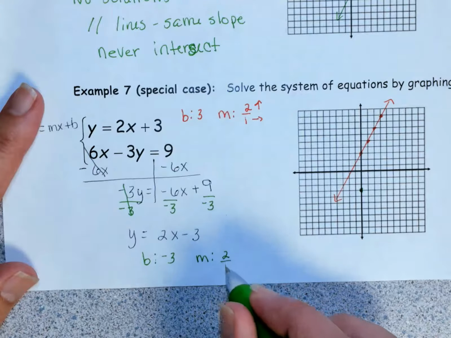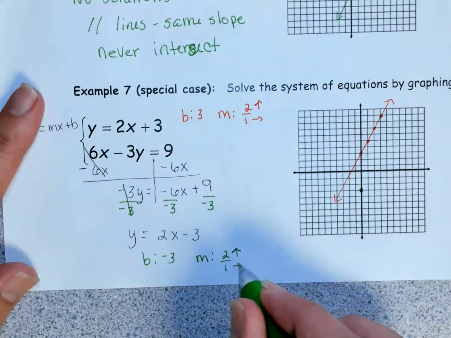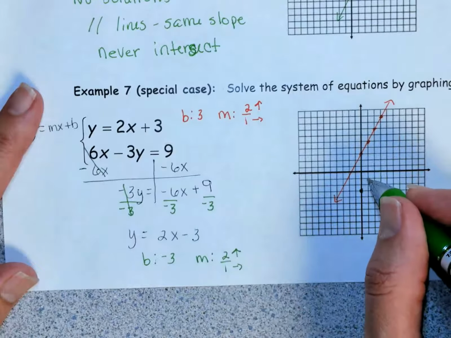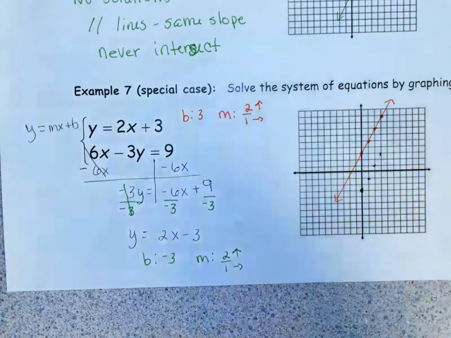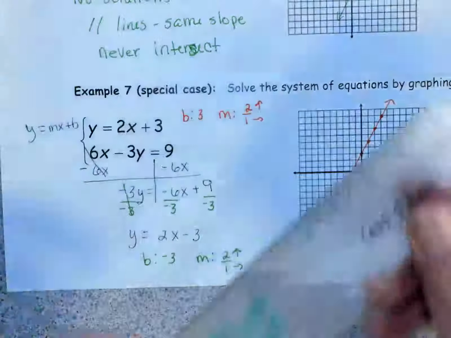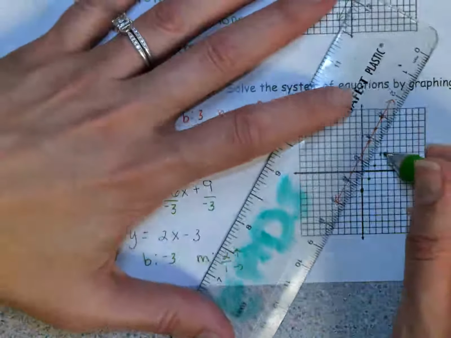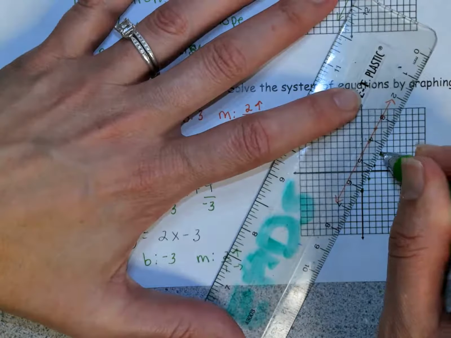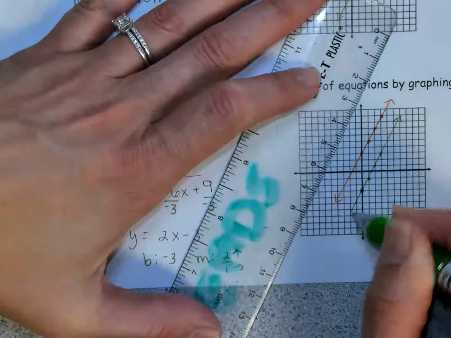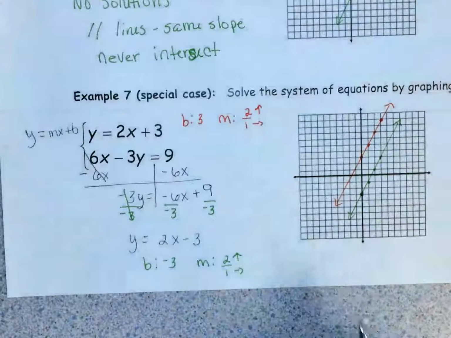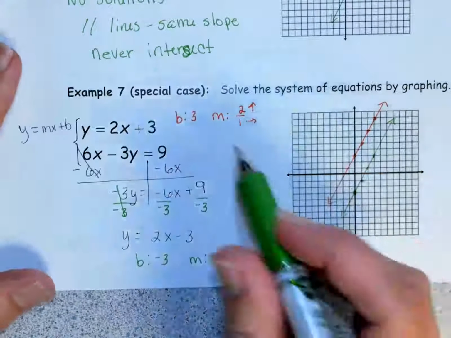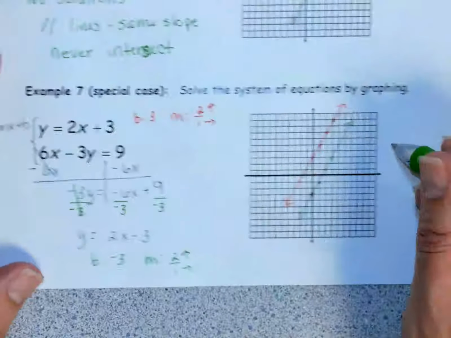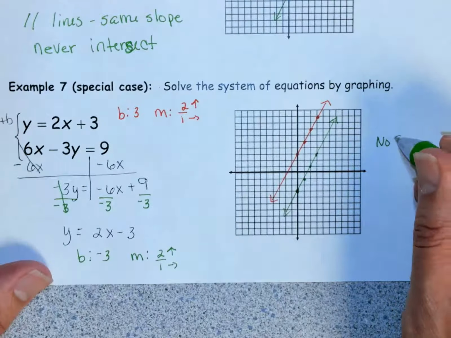Put it over 1. So up 2 over 1. Up 2 over 1. And you can see already without us finishing the graph that these lines are also parallel. So once again, there will be no solution to this because they will never touch.